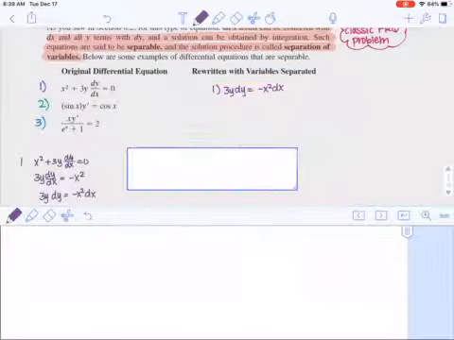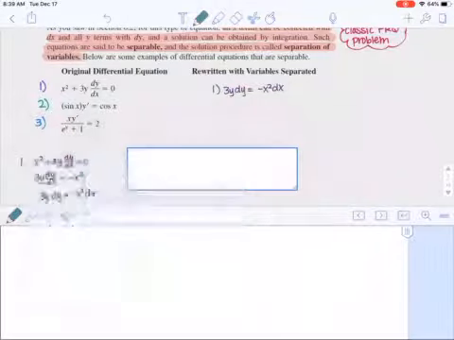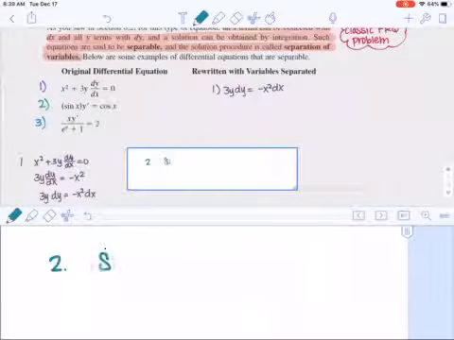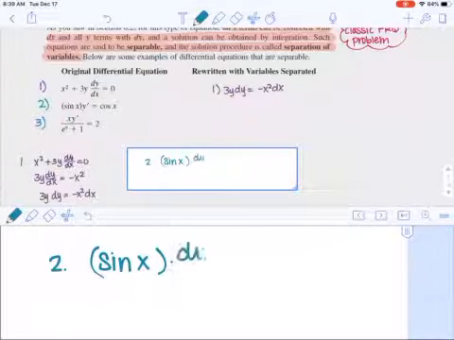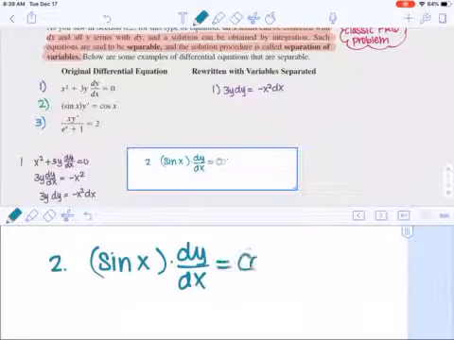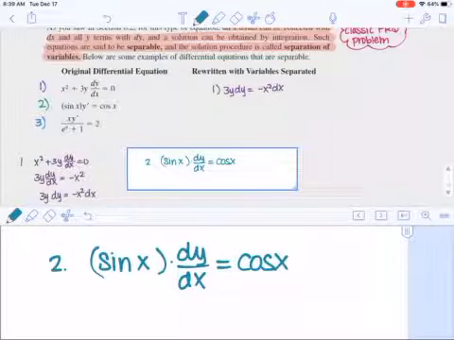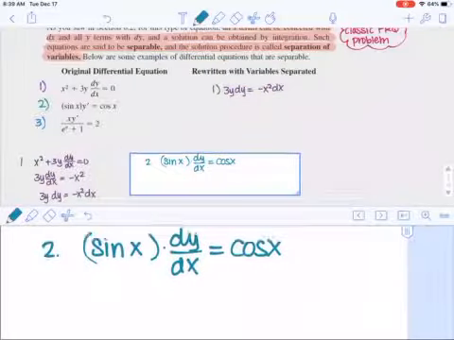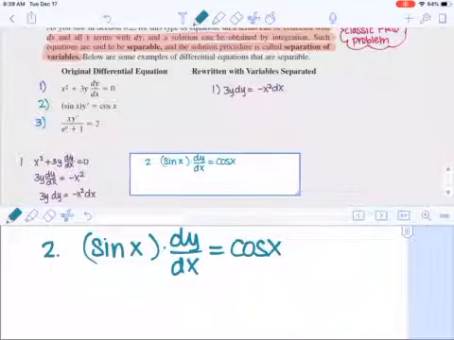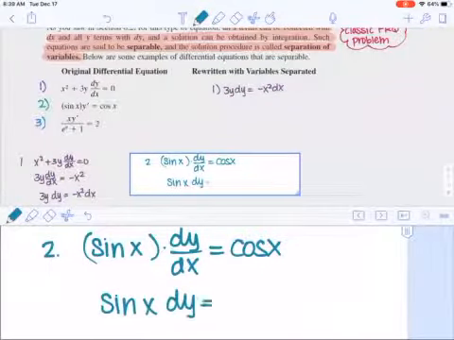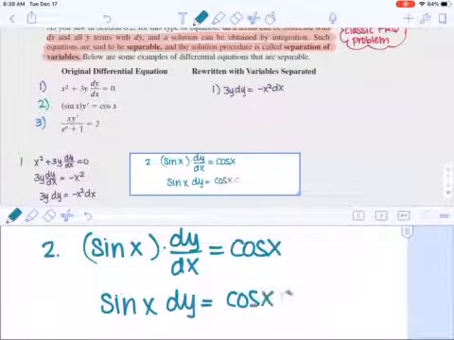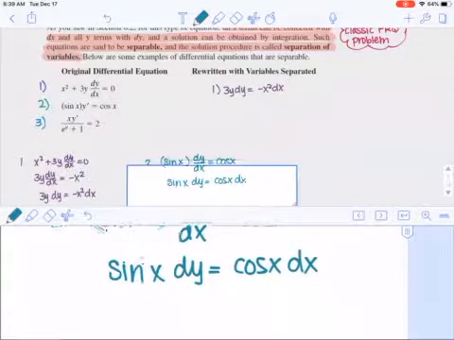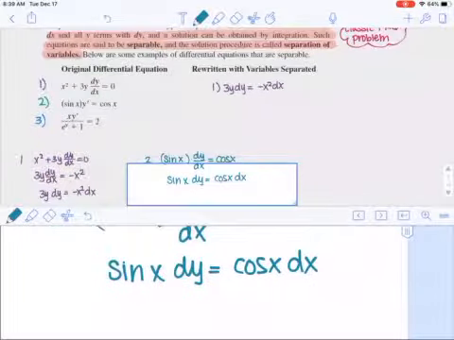Okay. For number 2 then, what we are doing is sine of x, and I'm going to write this as dy/dx instead of y prime, equals cosine x. Okay, and so I think it makes sense you have to move the dx over to the other side. So one thing to notice is that this could be a first good move. You are going to have to move the sine x as well.